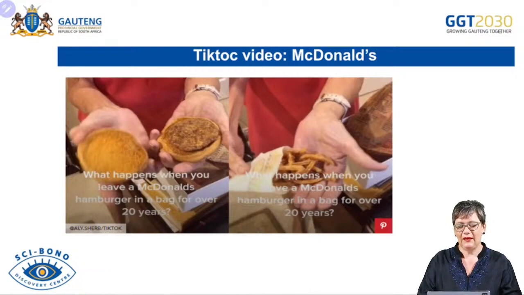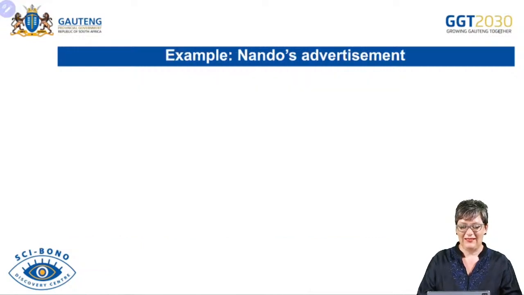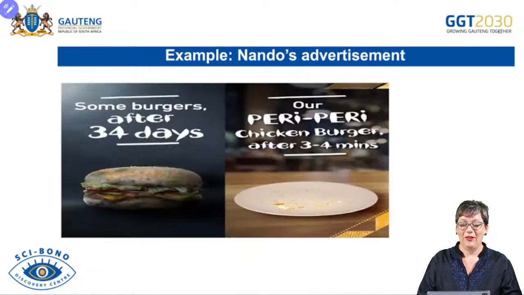So Burger King came up with an advertisement showing a hamburger that rotted. Now, on the left-hand side on your screen, you'll see it says hamburgers after 34 days. So the burger shows exactly what it would look like after 34 days.